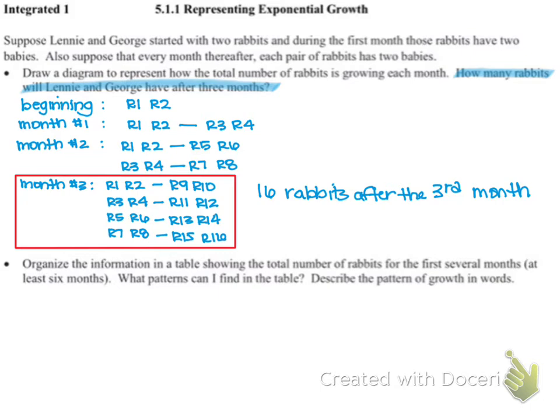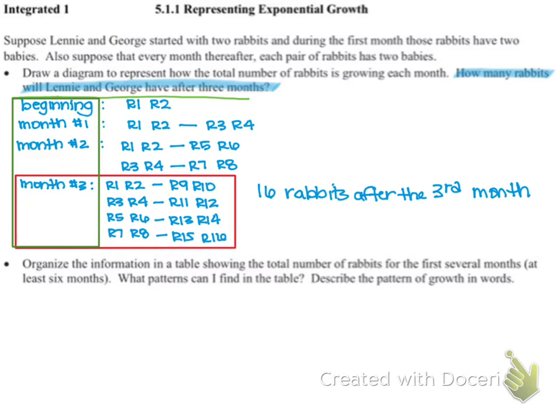Going back up to the writing that I just did, the way that I set this up is that all the stuff on the left-hand side, I'm going to highlight in green, represented how many months. So month number or number of months.